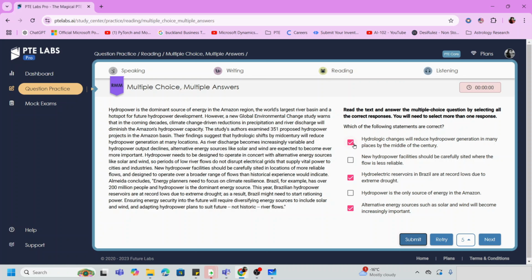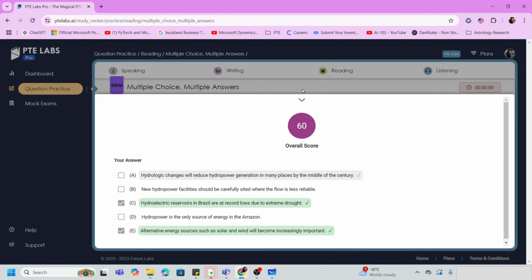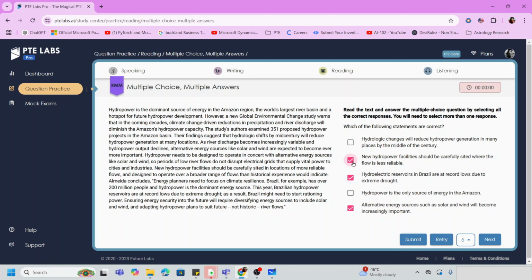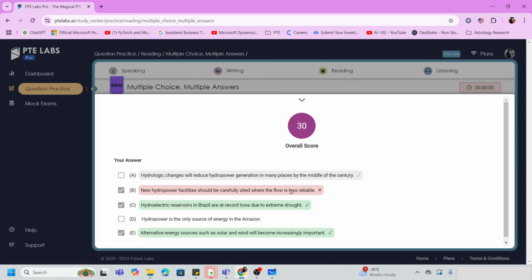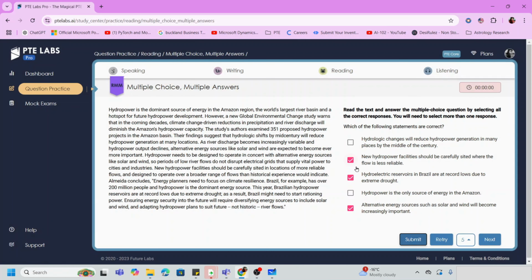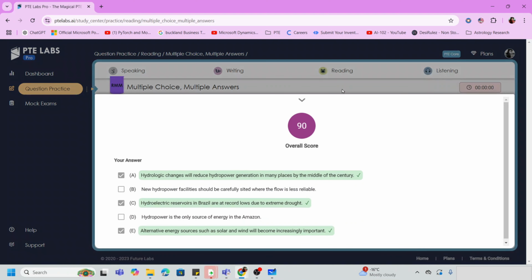So let's say if I do not mark this one, the score will be at 60. But let's say if I mark this one, and I just read half of it and marked this one, my score will drop to 30 because of the negative marking. So that is how it is.